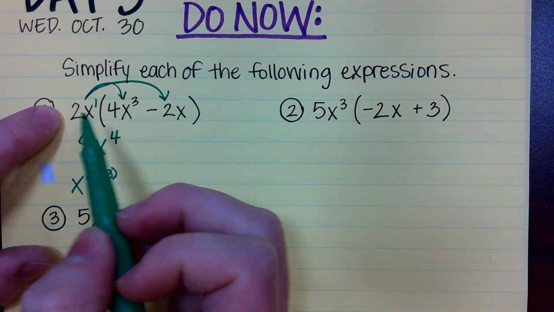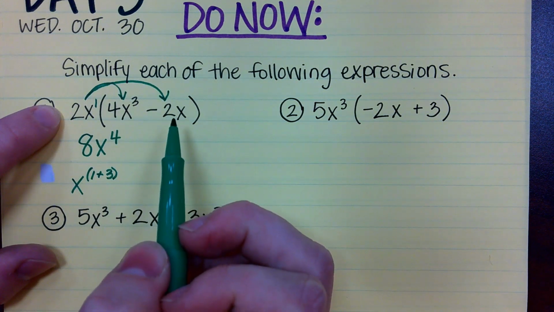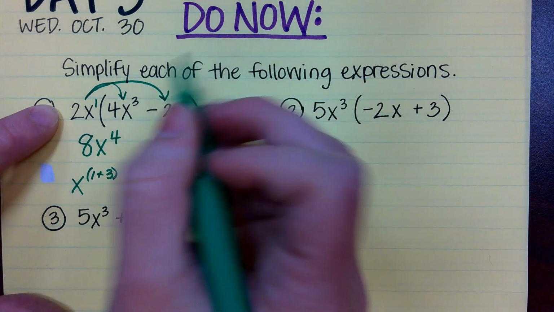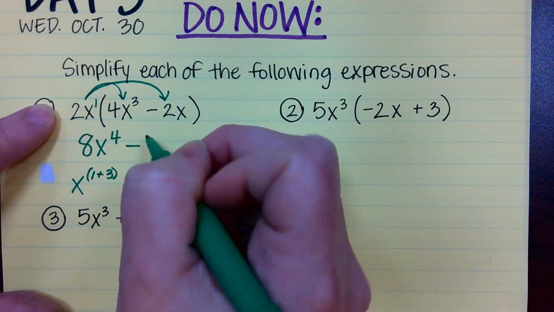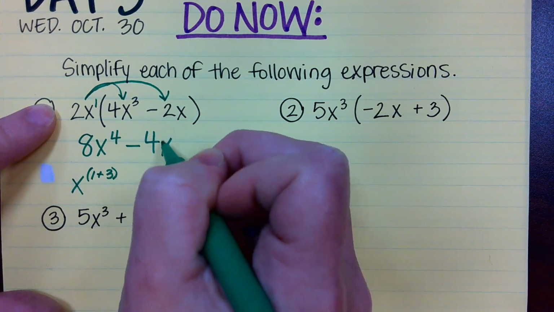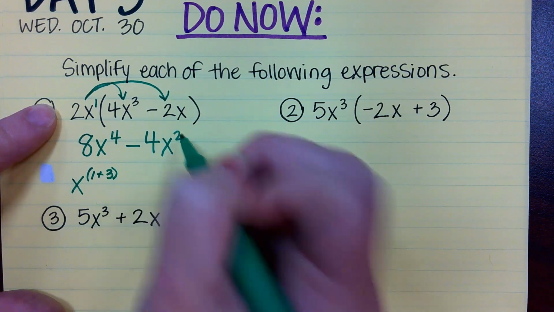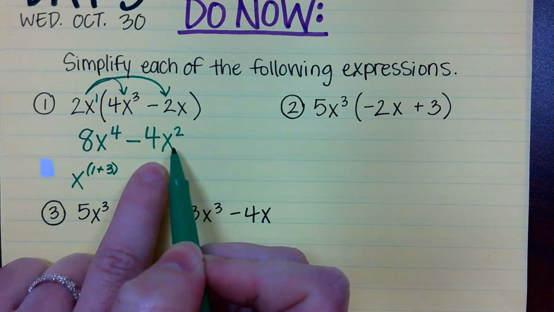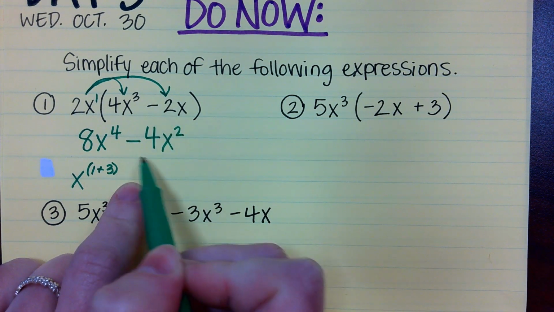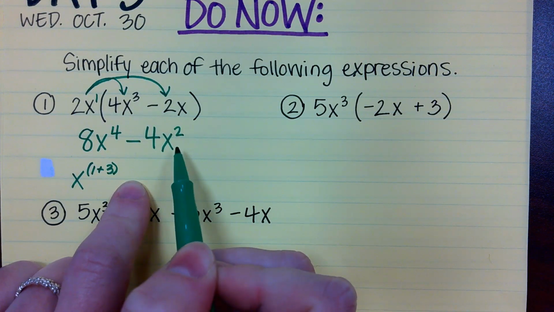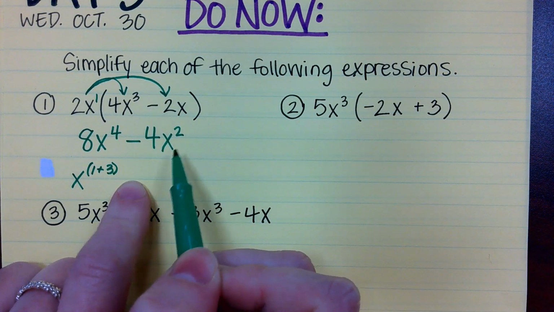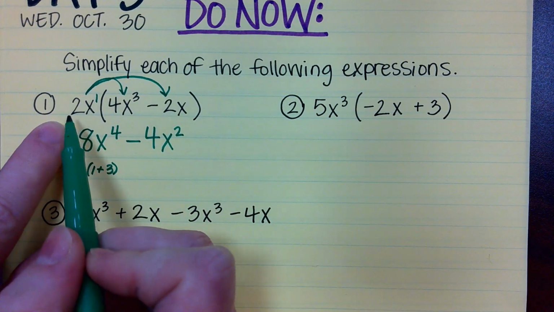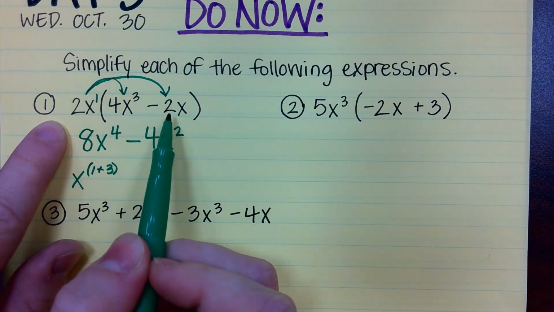Yeah, so we're doing 2x times negative 2x. And I heard somebody say it, minus 4x to the second power. So would somebody like to explain to me how we got negative 4x to the second power? Yeah, we've got a positive 2 times a negative 2.